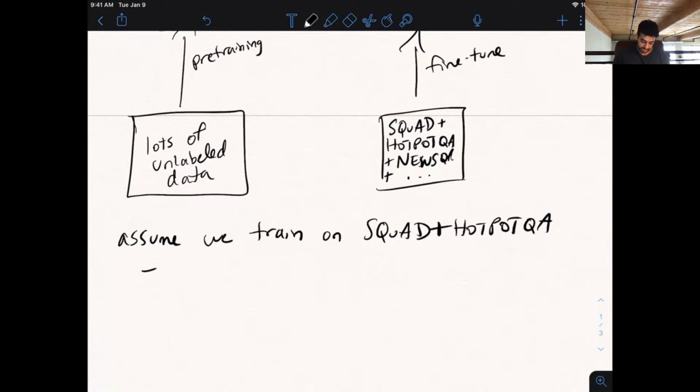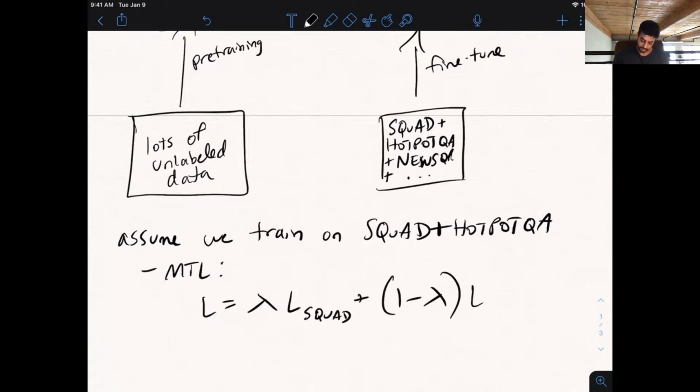So in multitask learning, or MTL, I'm going to use the following loss function, which weights the loss coming from the SQuAD examples with some particular lambda, and then weights the HotpotQA loss with 1 minus lambda.